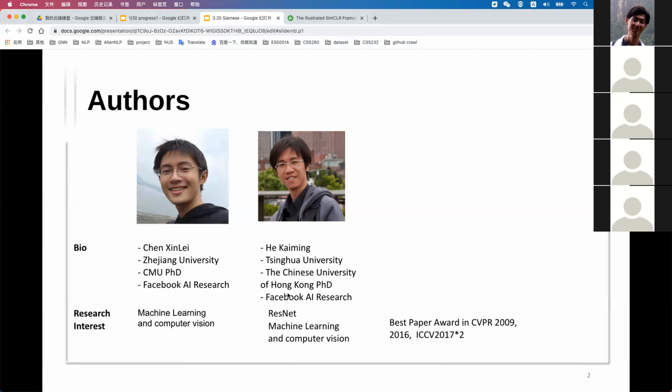He Kaiming is very famous because he invented the ResNet, and he has many best papers in CVPR and ICCV. Chen is from Zhejiang University for undergraduate and CMU for PhD, and now they are both at Facebook AI Research. Their research interests are machine learning and computer vision.